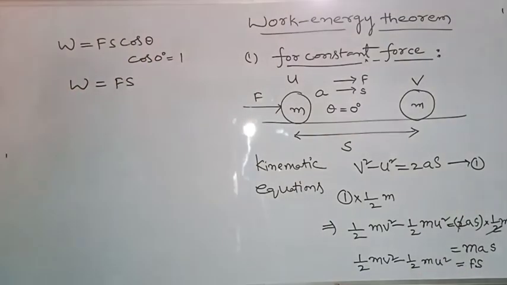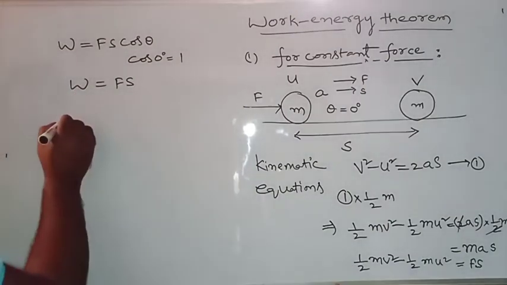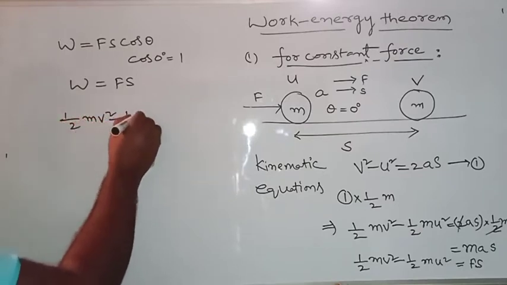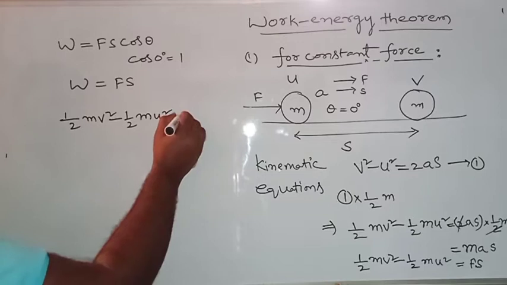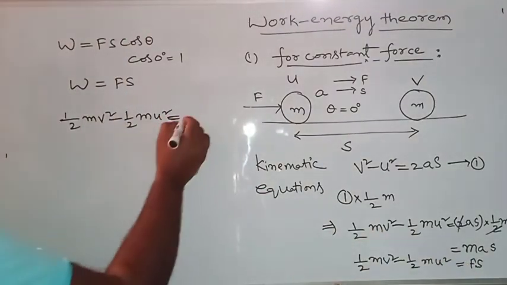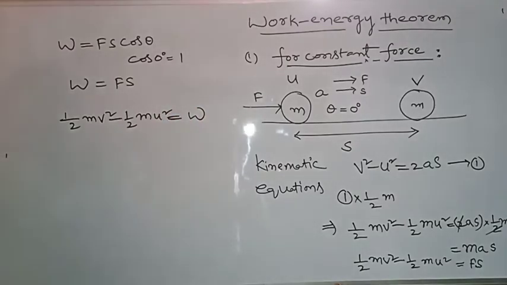So substitute work done in this equation. We can write half m v square minus half m u square, which is equal to, instead of F s, work done W. What does it mean?